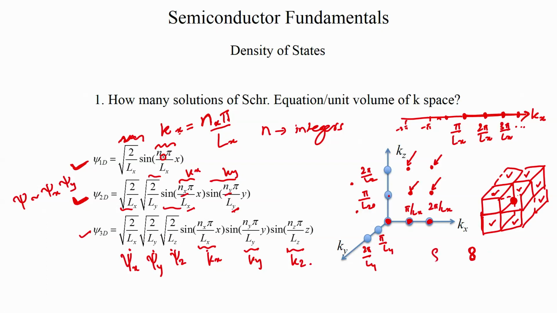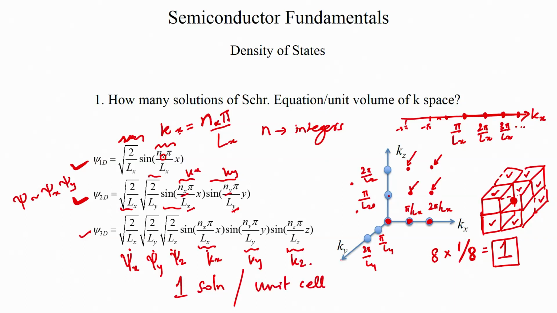So there are 8 solutions, each shared by 8 of them. So there are effectively 8 into 1 by 8, which is equal to 1 solution of Schrodinger's equation per unit cell in k space. We have not yet calculated the volume. So we have one solution per unit cell.